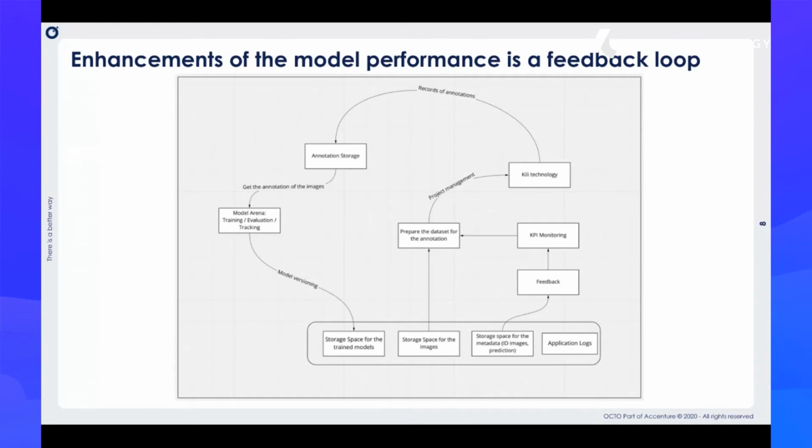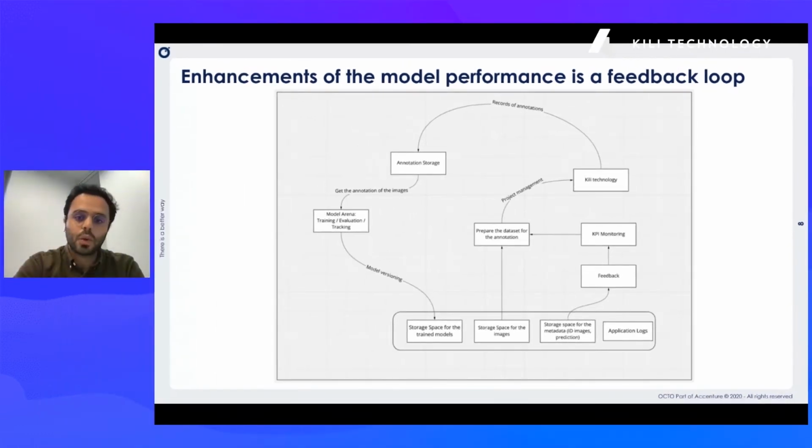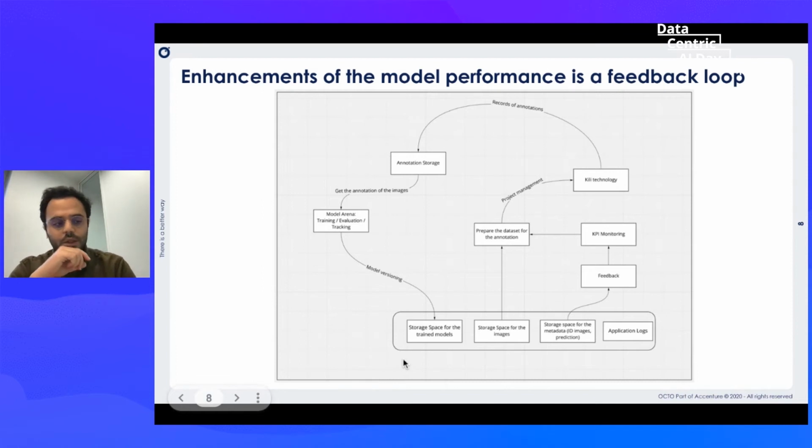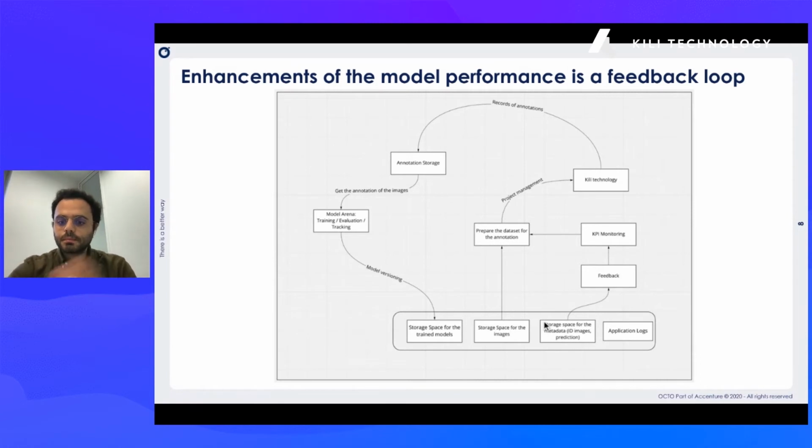So you set up cameras on the production line, or you have your drone flying around the vessels, and you have images and photos that are taken. Those photos will be uploaded from the edge, and then they will come to this storage space.